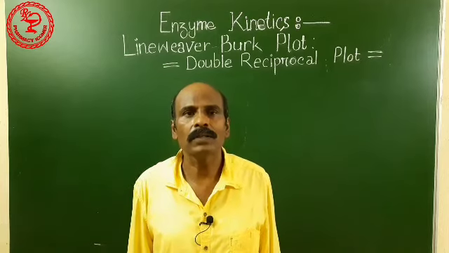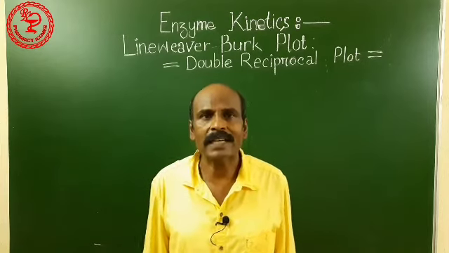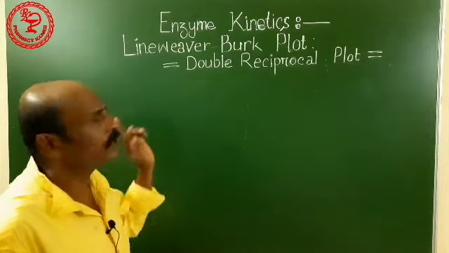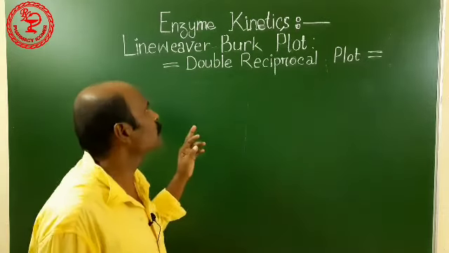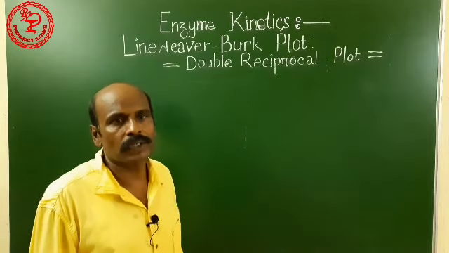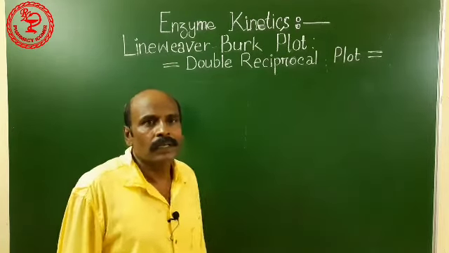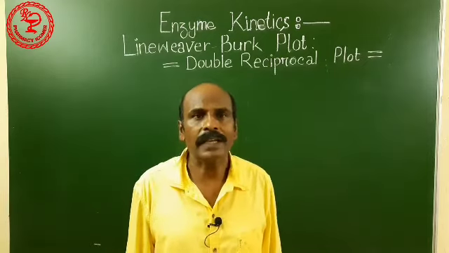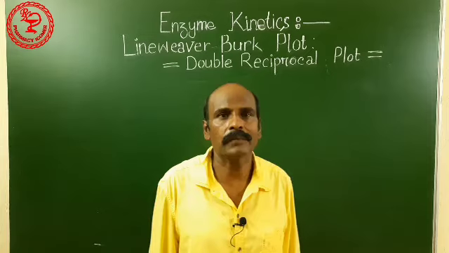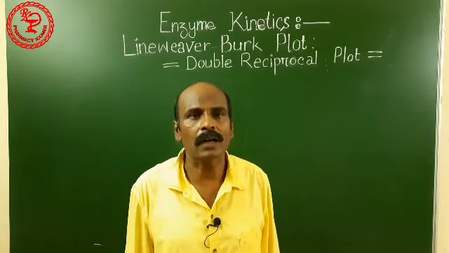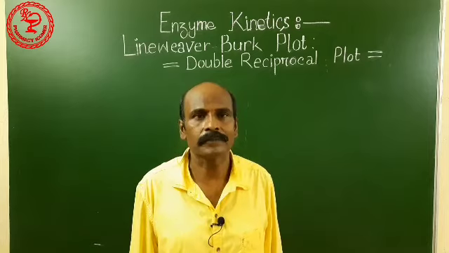Today in this video we will discuss another important topic of enzyme kinetics, that is the Lineweaver-Burk plot. It is also known as the double reciprocal plot. Actually this plot or equation, the Lineweaver-Burk equation, is the modified equation of the Michaelis-Menten equation.